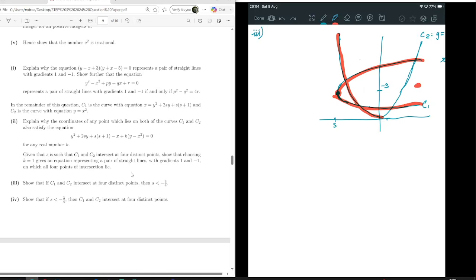If the minimum point is over here, well, I'm getting no solutions. But as soon as the minimum point is on this side of the curve, am I always going to get 4 solutions? Not necessarily, because this point here could be too low. So I could draw the picture with the minimum point maybe here, and I do only get 2 solutions again.